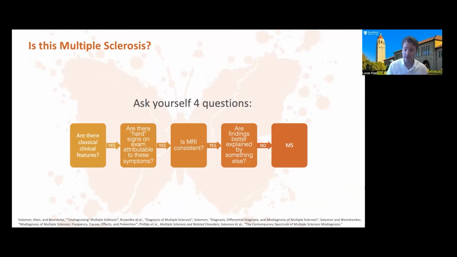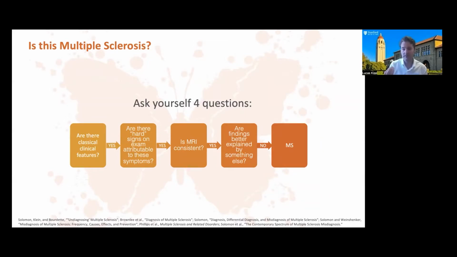Then you want to examine the patient and say, okay, I think that these symptoms are coming from the spinal cord. Do I find any evidence on their exam that there's still something there that fits with the symptoms that they tell me? Then you go to the MRI and you say, can I find the lesion? Can I find the scar that caused that spot? Because those scars never fully go away.